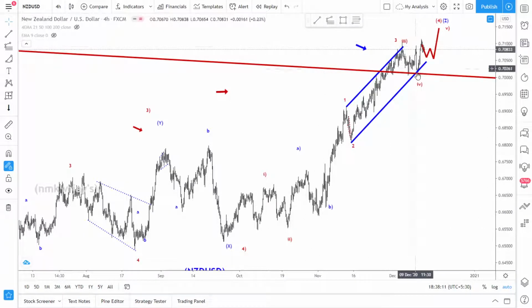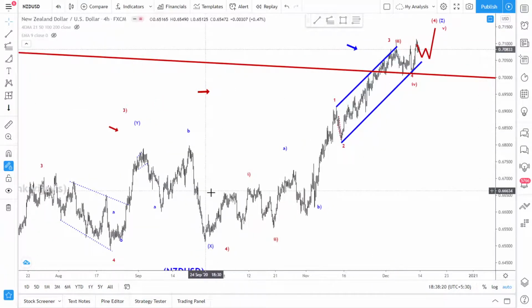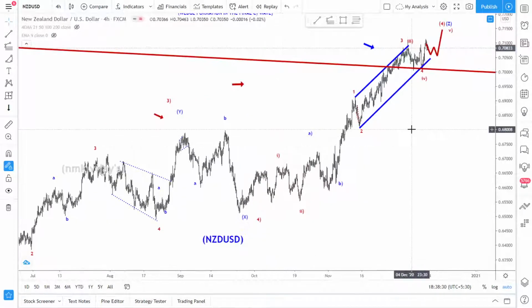After that, the wave 4 is completed, and A, B, and C will be there to complete the structure. Or else, as I said previously, if it is a B, C, it may already be completed here and be on the downside. So everything is doing the same in Australian dollar also, the same pattern.